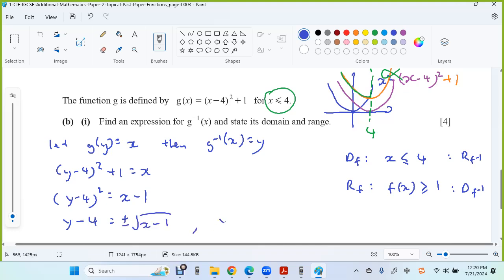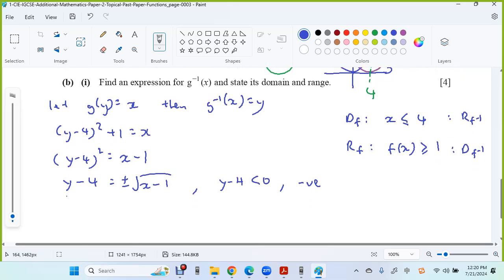Then we have the y minus 4 is actually less than 0, so we take the negative, because this one is less than or equal to 4. So we have y equal to 4 minus square root of x minus 1. Okay, so the g inverse of x will be 4 minus square root of x minus 1.